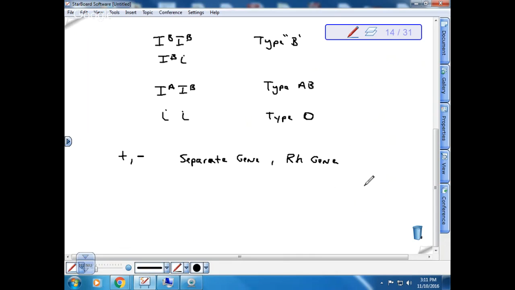So let's look at this gene. So if we are Rh positive, okay, this is dominant. And we have Rh proteins on our red blood cells. Okay. If we are Rh negative, this is recessive. So we lack Rh proteins.